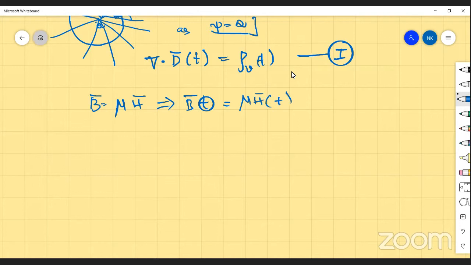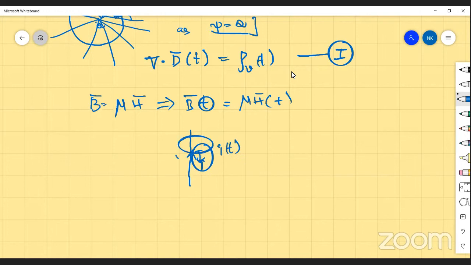So when they are functions of time, what happens here? Suppose this is a current flowing through it. So instead of capital I, now we have I of t.